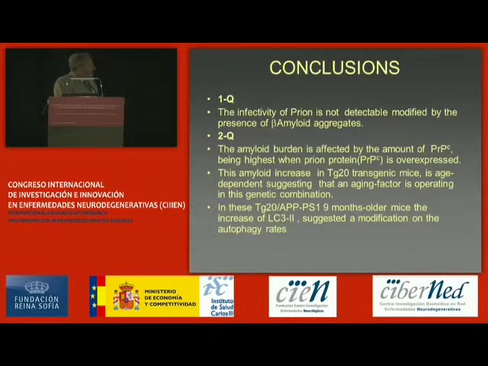And finally, the presence of APP, PS1 and TG20 apparently increases not only the amyloid in the brain, but triggers a response in the neurons that in part is clearly an increase of autophagy, which probably suggests that it's trying to get rid of the amount of amyloid that we are overexpressing.